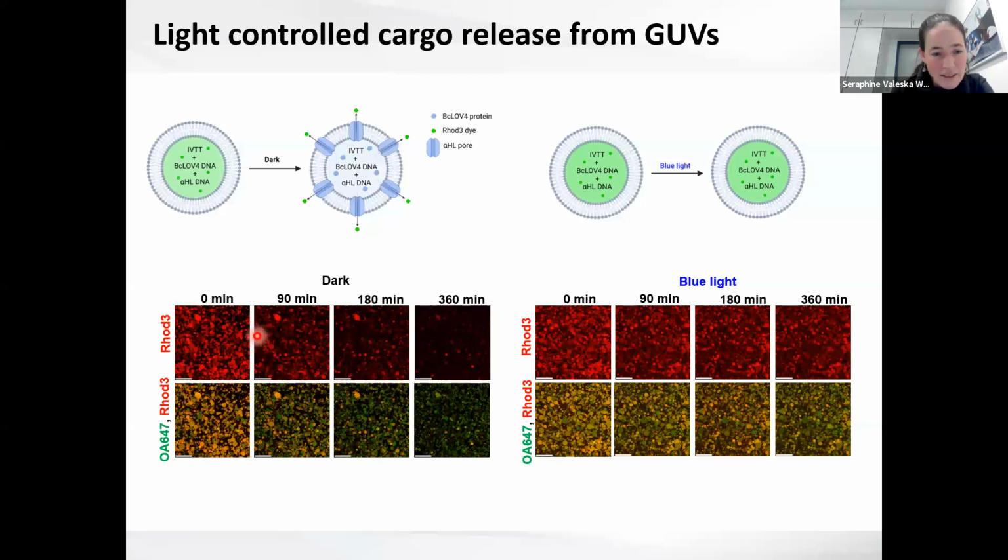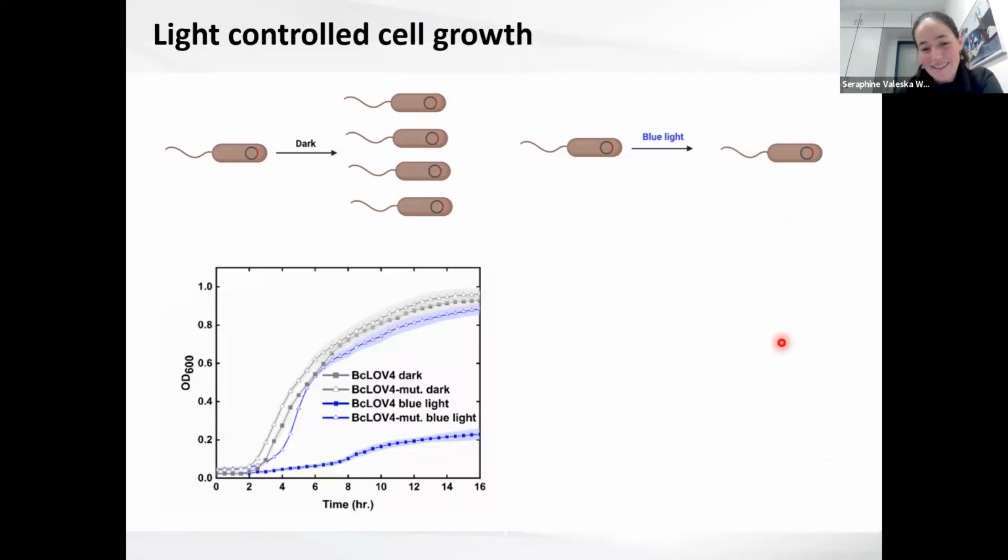You can see that in the dark, alpha-hemolysin is being produced, and so a fluorescent dye that we loaded into these liposomes is leaking out over time. But if we do the same experiment under blue light, you can see that the red fluorescence stays within the vesicles. This worked so well in synthetic cells, so we said, well, what would it do in living cells?